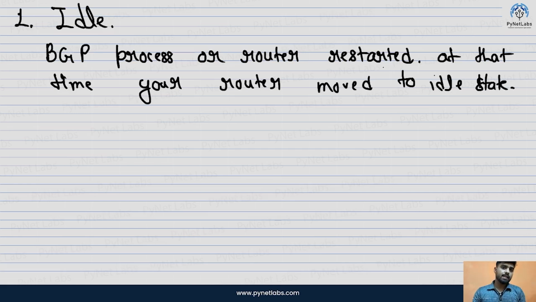So the idle state is the start of the overall BGP session creation. It represents that your router is preparing to establish the BGP session.